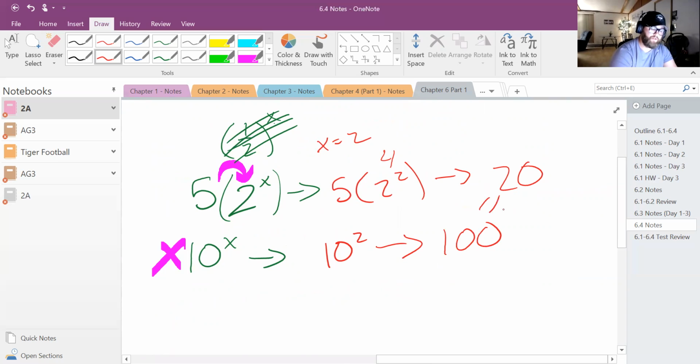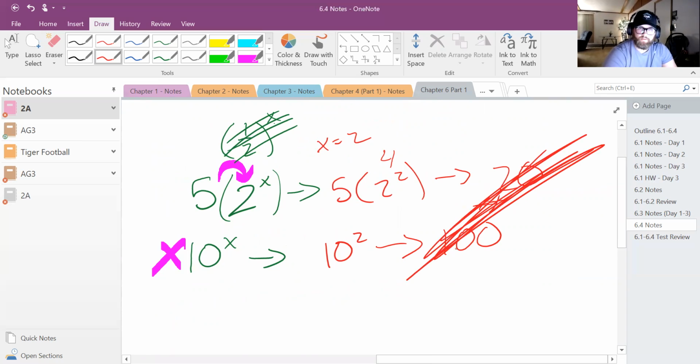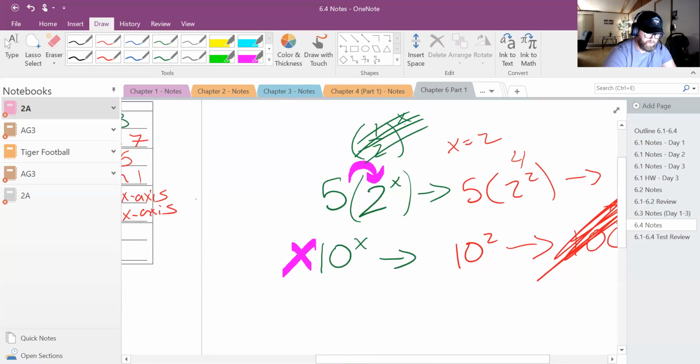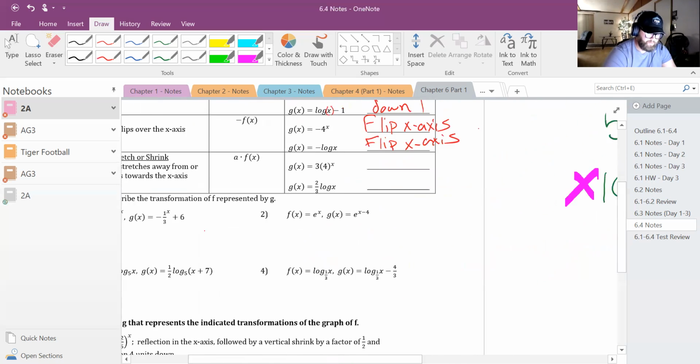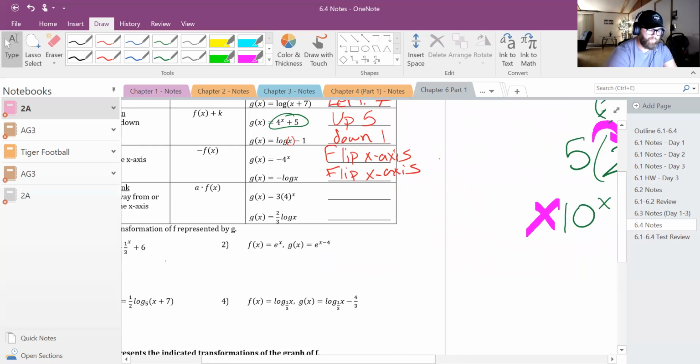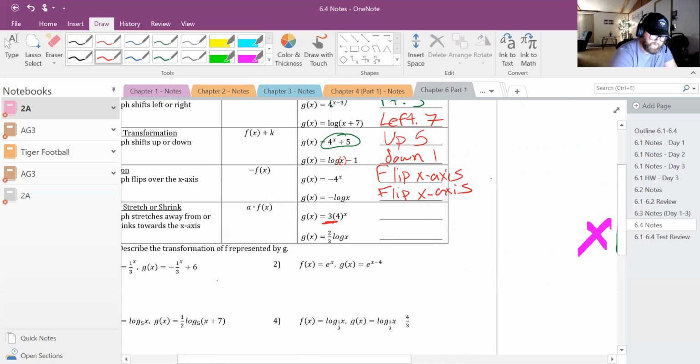Are those two equal? No. Okay, I just proved it to you. Don't do it. Not the Nike commercial. So this is just stretch, leave it out front. This is just stretch by 3. And we have shrink by 3, or 2/3, sorry.